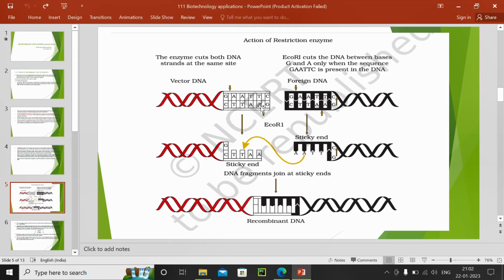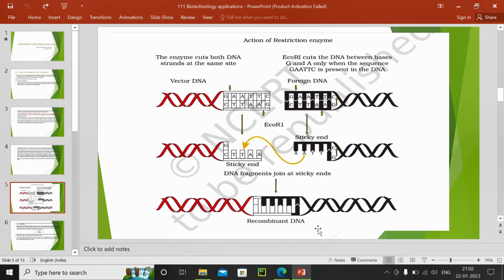After cutting, what happens? It creates sticky ends. So what are sticky ends? These are the sticky ends. Here again on the foreign DNA molecule, these are sticky ends. When these two sticky DNA molecules come in contact with each other, they join and recombinant DNA forms.